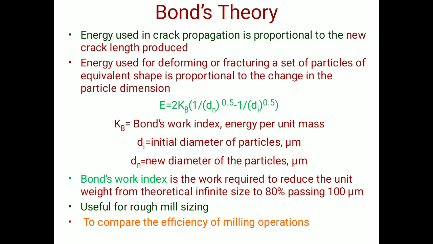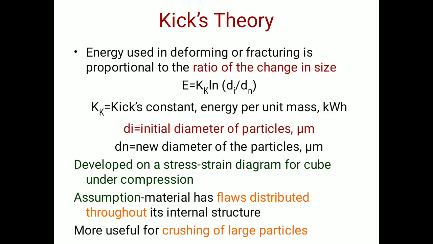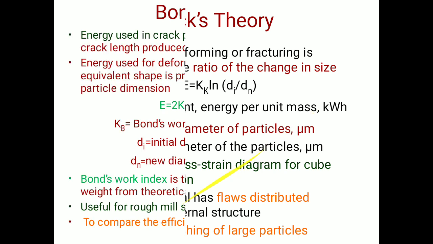Moving to the next theory, that is Bond's theory, it says that the energy used in crack propagation is proportional to the new crack length produced. In the earlier statement, it was the ratio of change in size: energy utilized in deformation is proportional to the ratio of change in size. That was proposed by Kick.